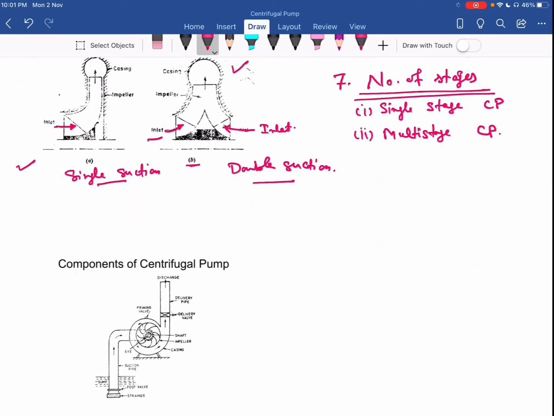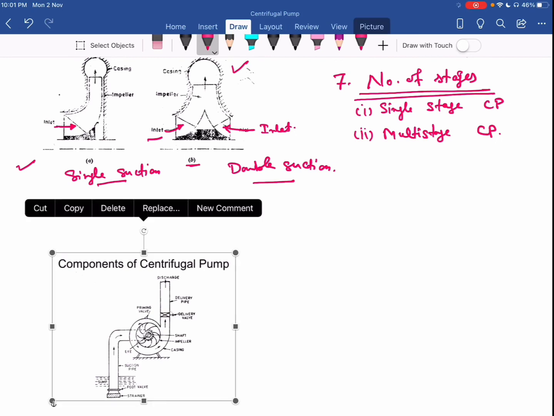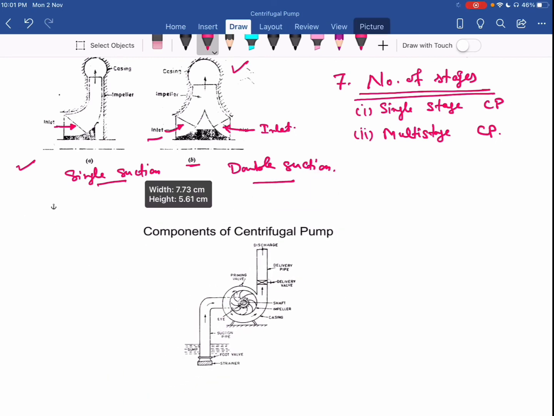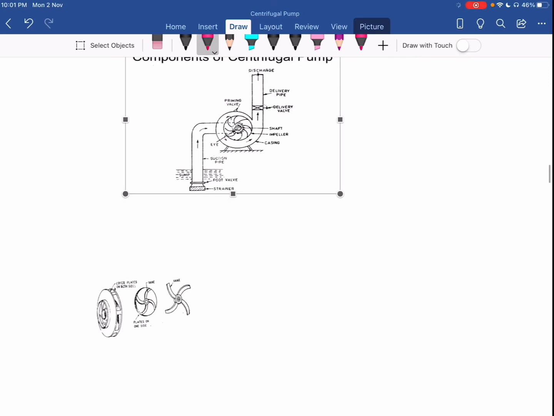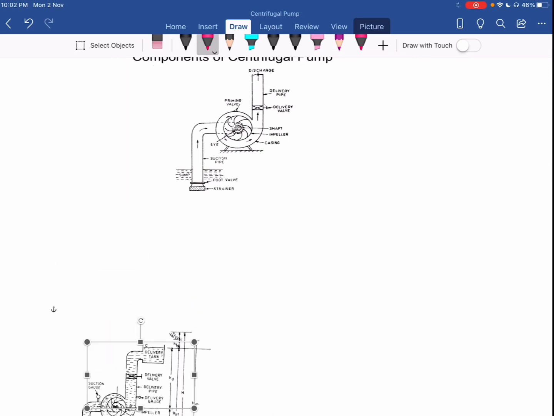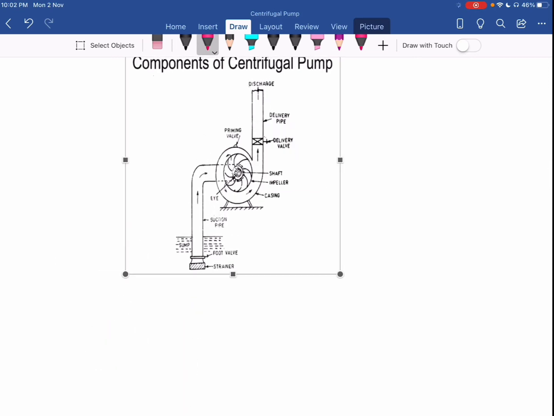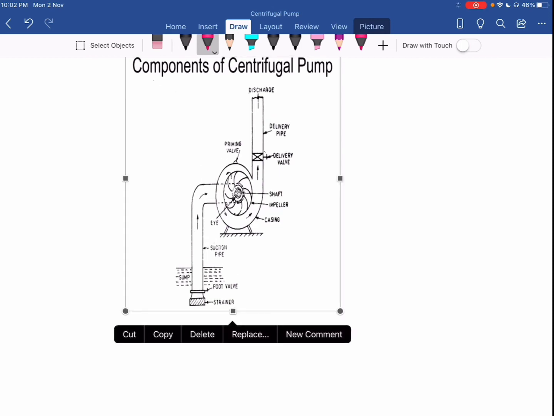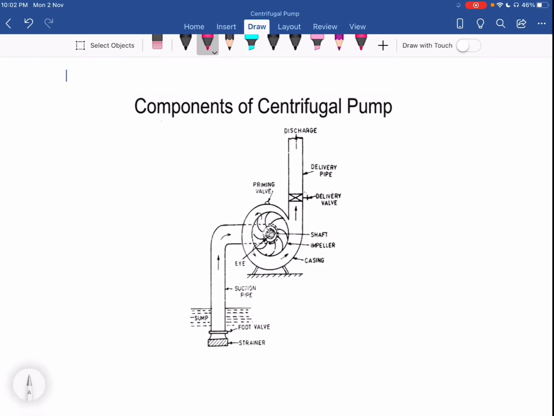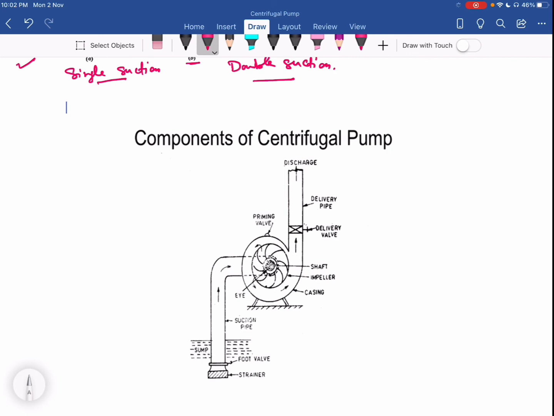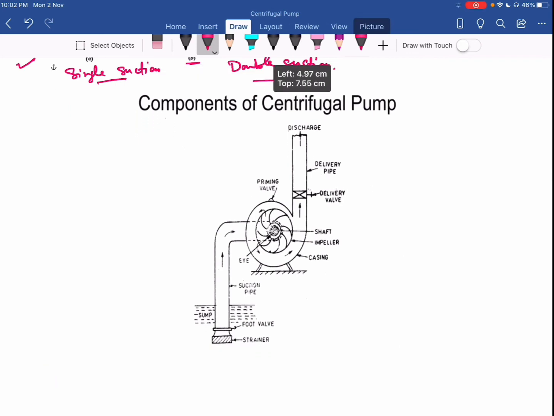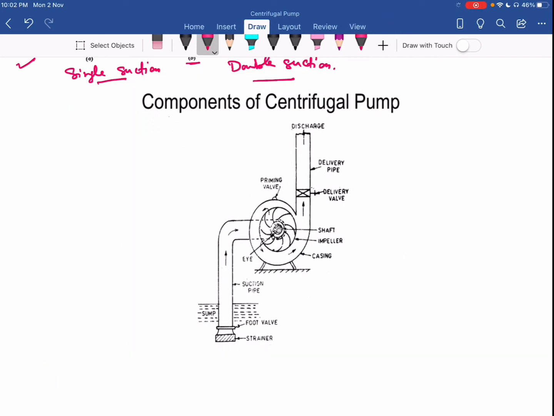The next is various components of centrifugal pump. Now you see the various components. The first important component of centrifugal pump is impeller.